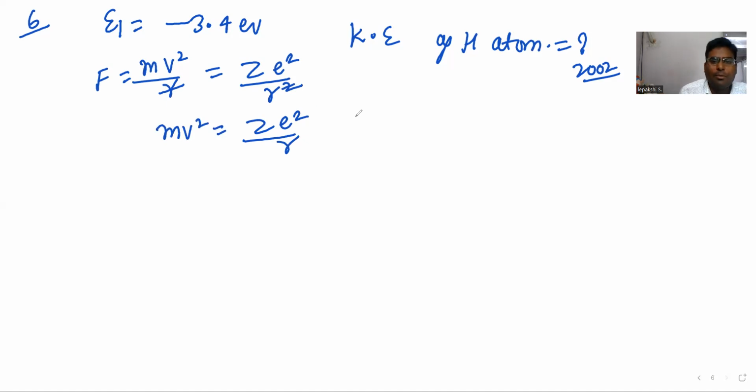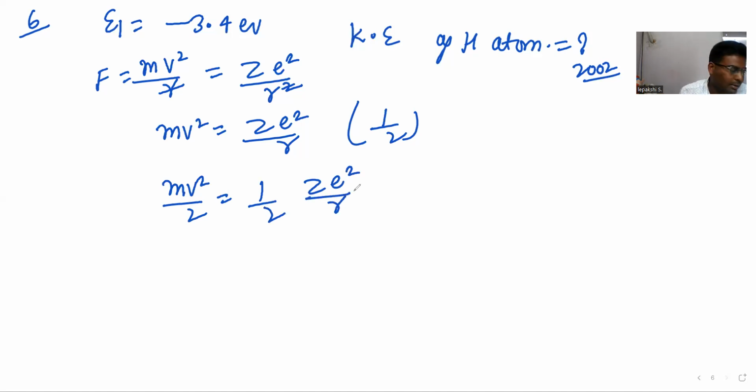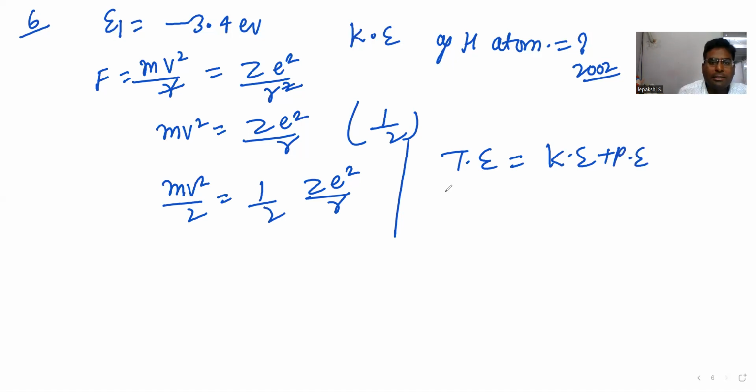Now multiply both sides by 1 upon 2, then mv square by 2 is equal to 1 upon 2 ZE square upon r. And the total energy is kinetic energy plus potential energy. The total energy is given in the question as minus 3.4 electron volt.